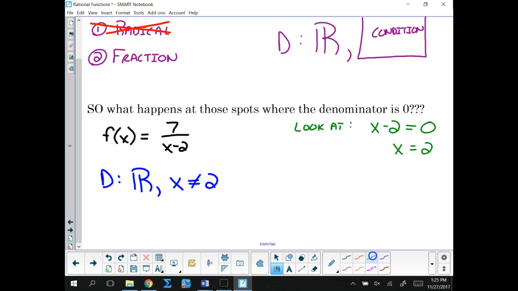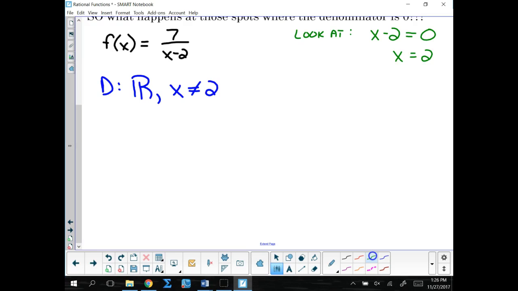So the question then is, what happens on my graph at x equals 2? Because if it crossed the x-axis at x equals 2, my function would have a value at 2, right? So it's not possible. So something's got to happen at that 2.